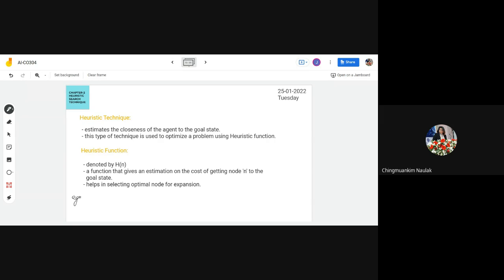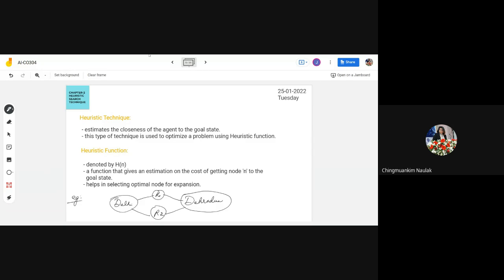Let me give an example of how a heuristic function is used. Let's say I want to go from Delhi to Dehradun, and there are two different routes to reach Dehradun from Delhi. This is route number 1, and there is another, route number 2.